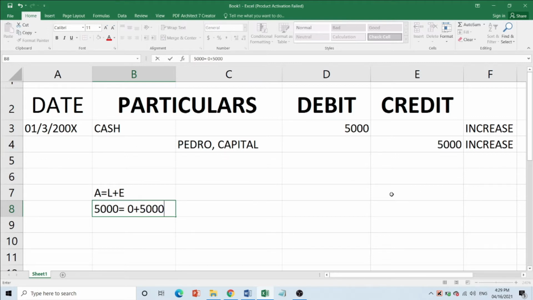So, nag-increase by 5,000. Therefore, ang mangyayari niyan, 5,000 equals 5,000 pa rin. So, equal ang ating accounting equation. So, since equal ang ating accounting equation, tama ating formula. Okay, tama ba? Yes, tama.